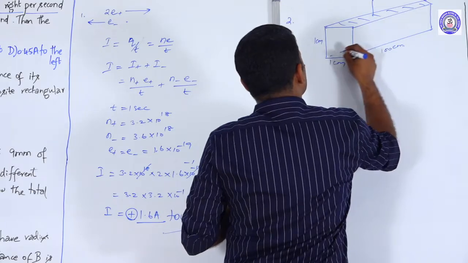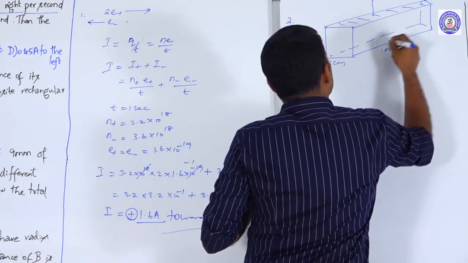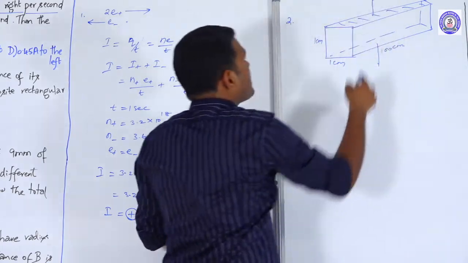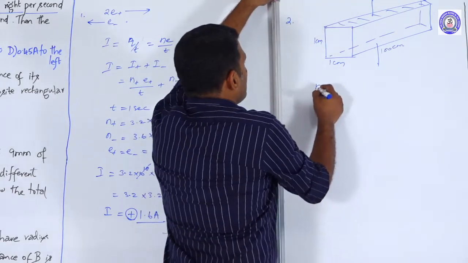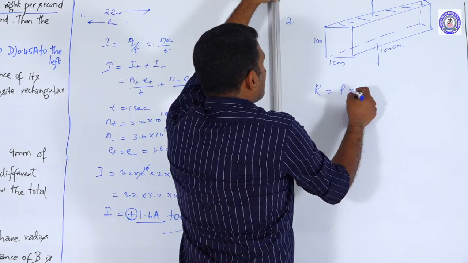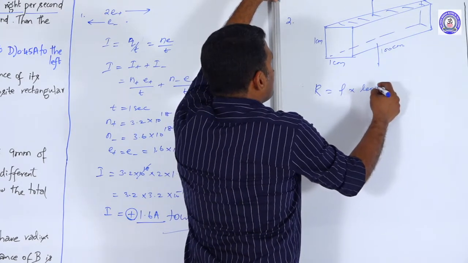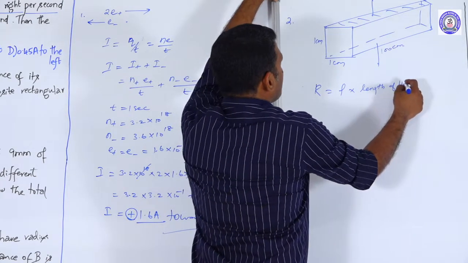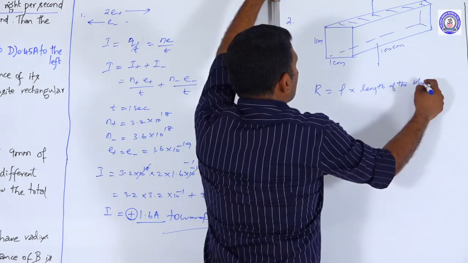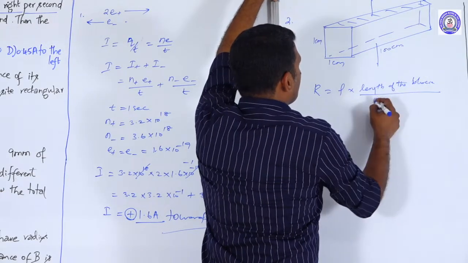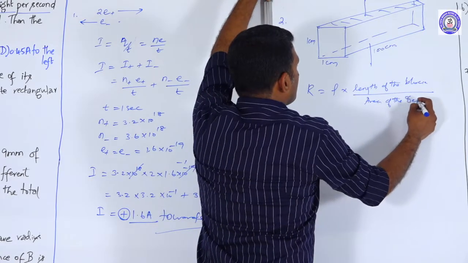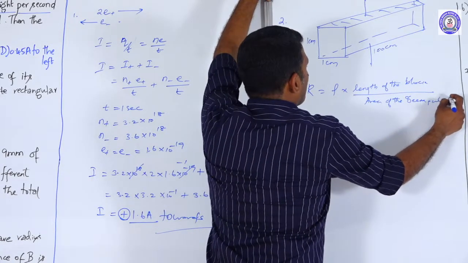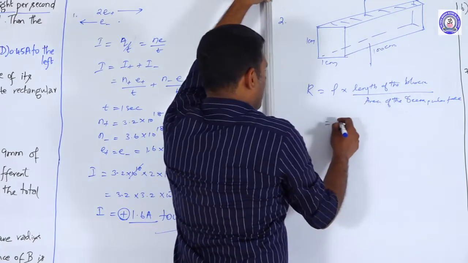So you are asked to calculate the resistance between the rectangular faces. This is the rectangular face. So R is equal to rho into the length of the block divided by the area of the rectangular face. We saw this formula earlier.